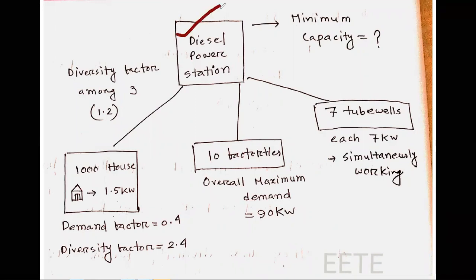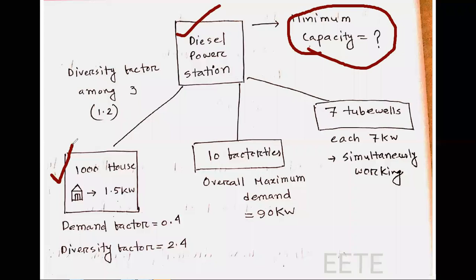So what is the minimum capacity? You have to find out the minimum capacity of the diesel power station. You have 3 types of load. The first one is 1000 houses. There are 1000 families in that zone, and every home is 1.5 kilowatt.